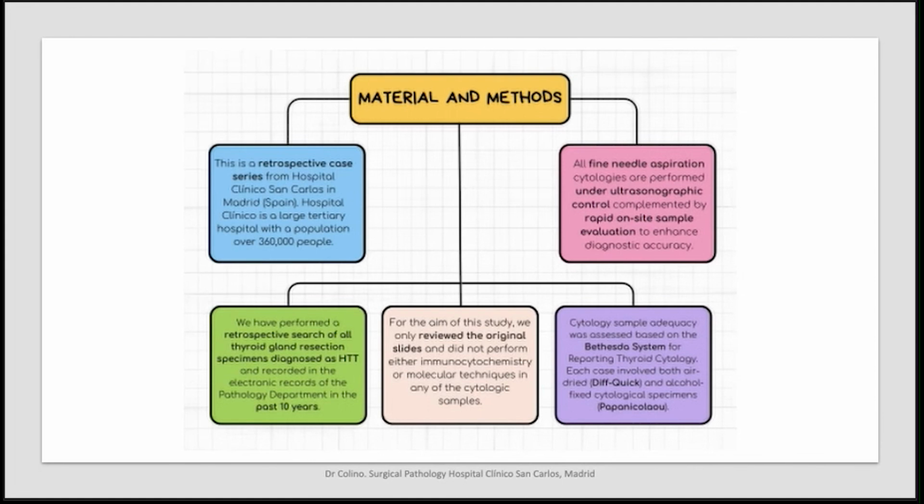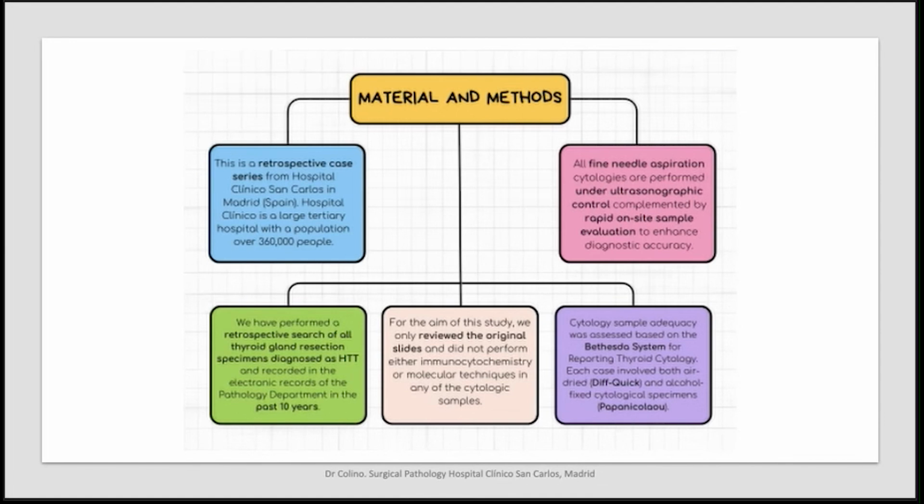For the aim of this study, we only reviewed the original slides and did not perform either immunochemistry or molecular techniques in any of the cytology samples. Cytology sample adequacy was assessed based on the Bethesda system for reporting thyroid cytology, which also provides the diagnostic characterization framework for this specimen.